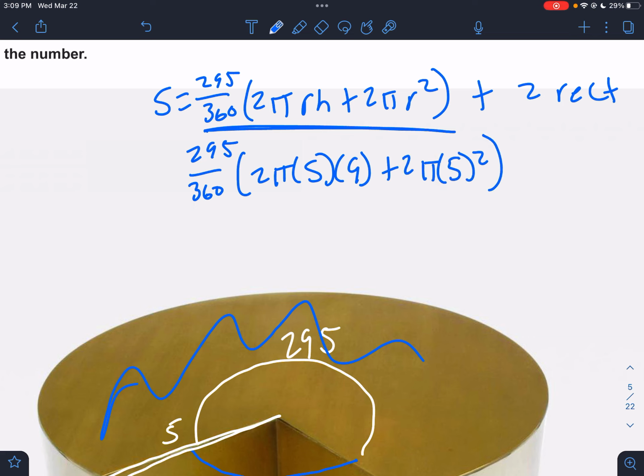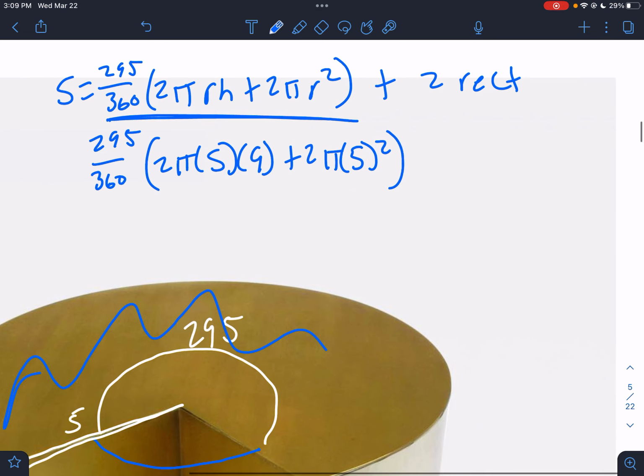A lot of people are forgetting these outer parentheses. Just so you can see it, if I left those off, the only thing that the 295 over 360 hits is the first term. We want it to hit both terms, but if you type it in like this, it won't do that. You need to have those parentheses on there.